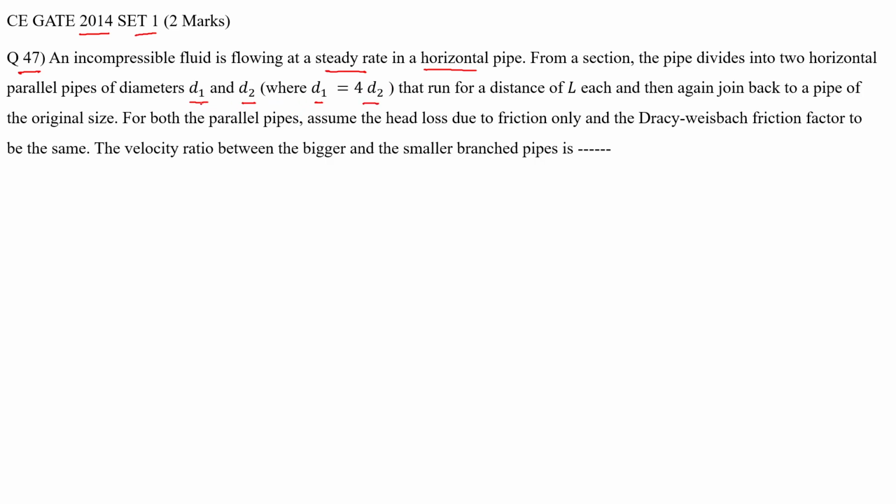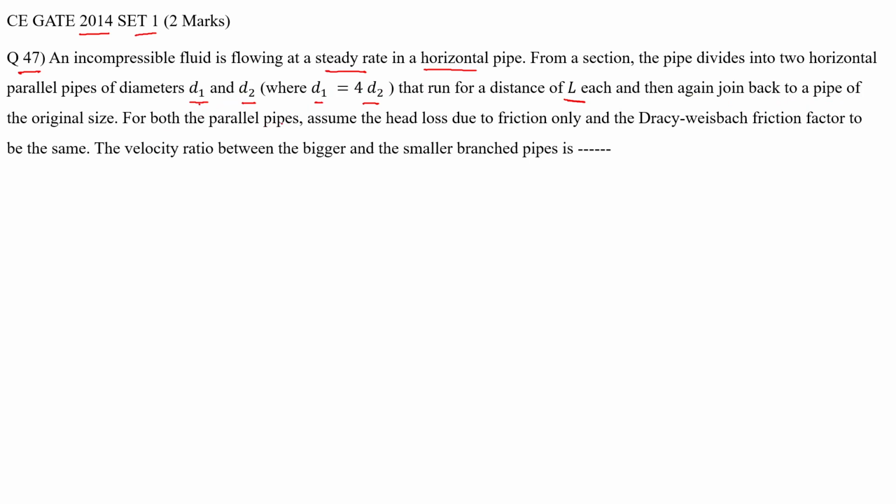Here they have given a relation between the two pipes, d1 equals 4 d2, and they run for a distance of L each. The length of both pipes is the same, and they again join back to a pipe of original size.